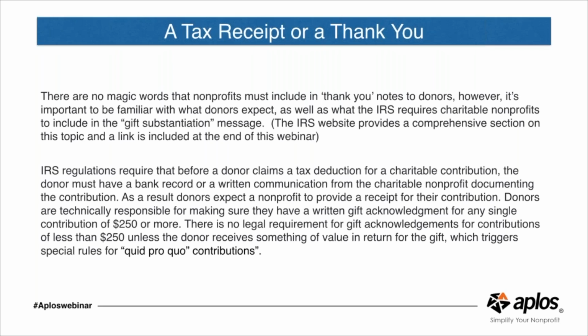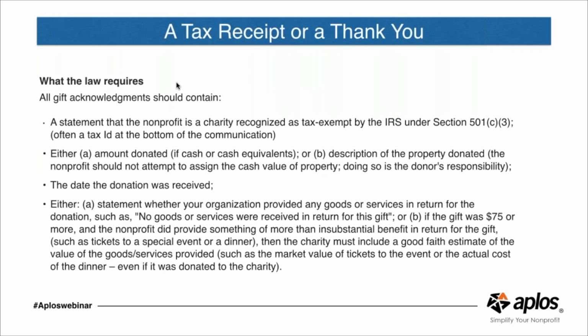But as a reminder, what the law requires is a statement that the nonprofit is recognized as tax exempt by the IRS. So if you are a 501c3, often what that means is that you'll put your tax ID at the bottom. In other words, the statement needs to show that you are, in fact, a recognized nonprofit charity.